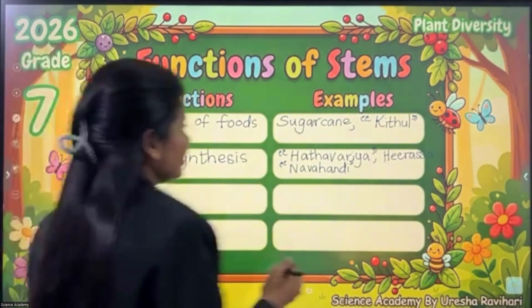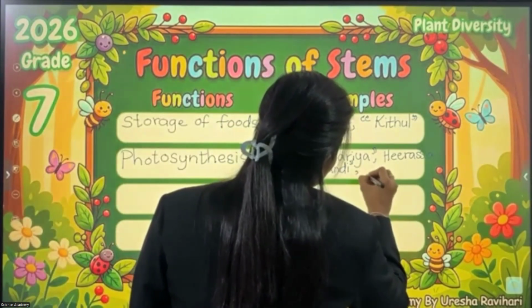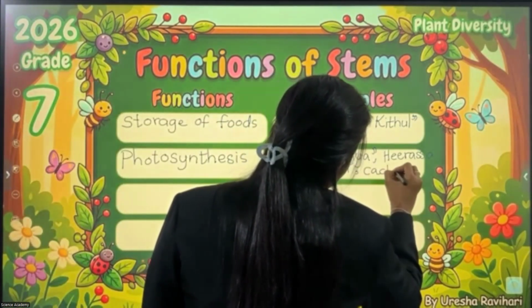Cactus, children. You know, cactus also has a green colored stem. Cactus, pathok.